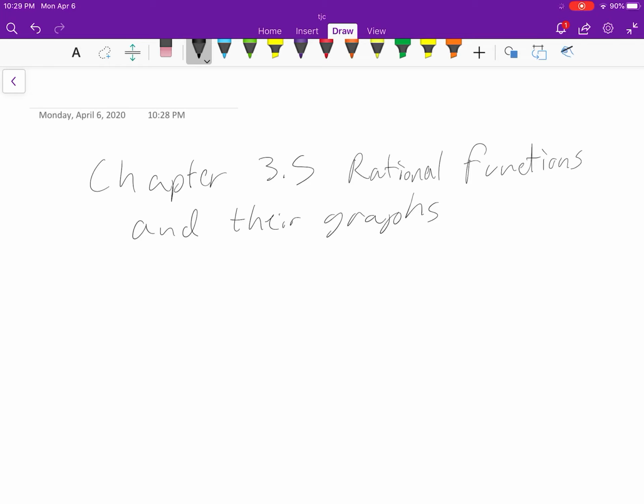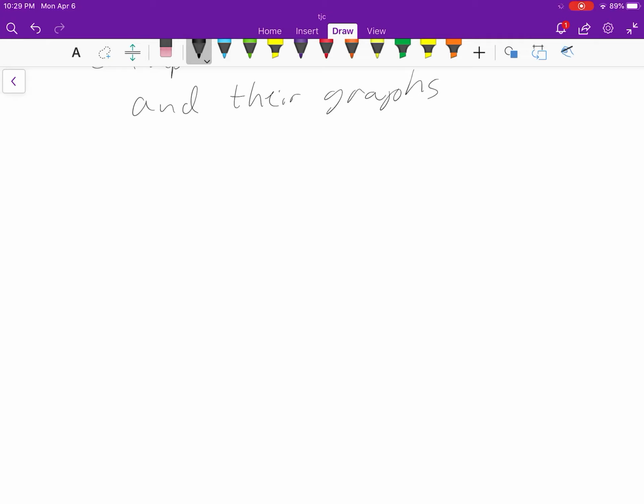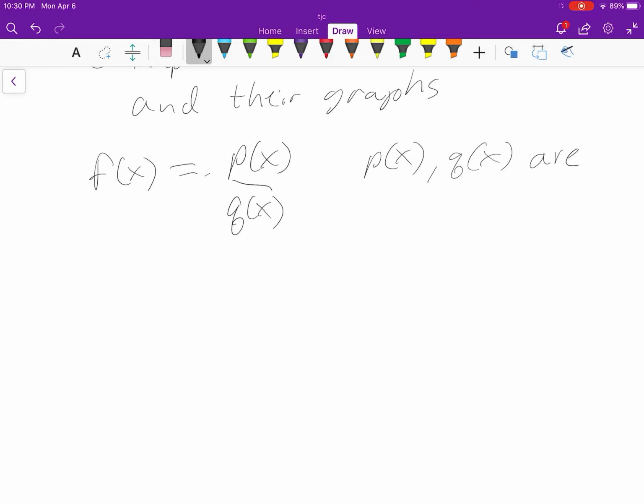All right, so to go over what rational functions are, we've talked about these in some of the previous sections, but a rational function is any function f of x that looks like this, p of x over q of x, where p of x and q of x are polynomial functions, and q of x does not equal 0, because you can't ever divide by 0.